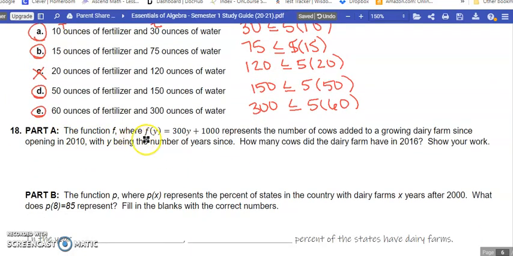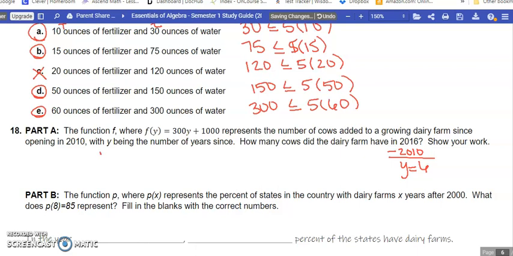All right, the function f, where f of y is 300y plus 1,000, represents the number of cows added to a growing dairy farm since opening in 2010. Y being the number of years since 2010. How many cows did the dairy farm have in 2016? So 2016 minus 2010 means that our y, or number of years since 2010, is going to be 6.